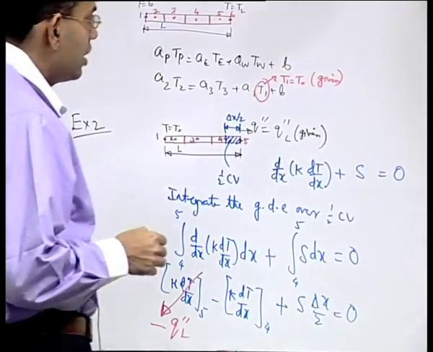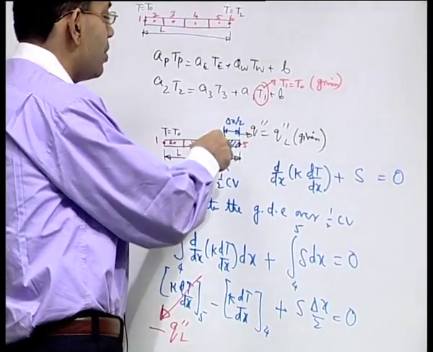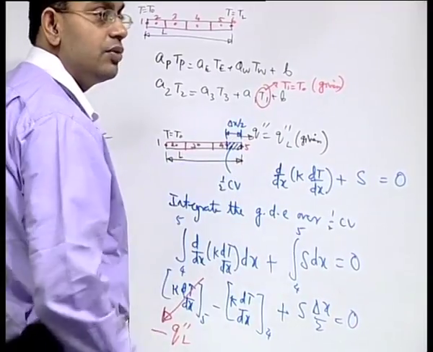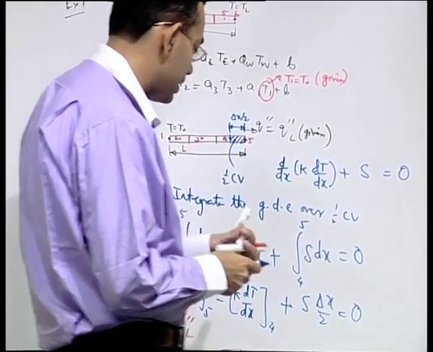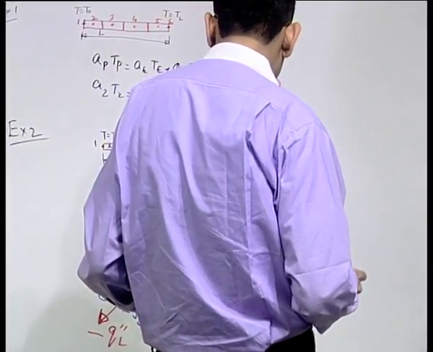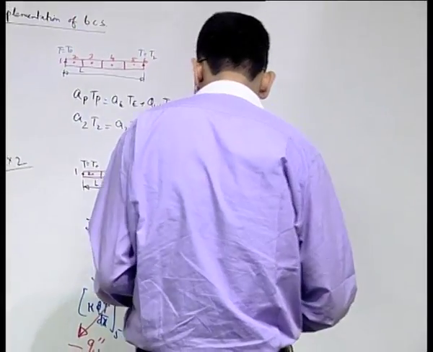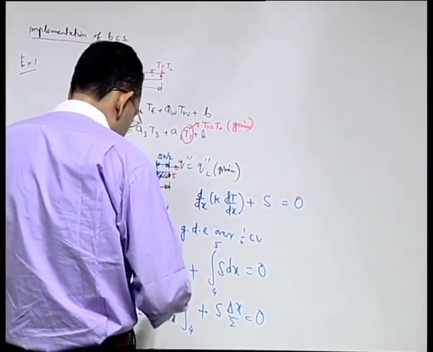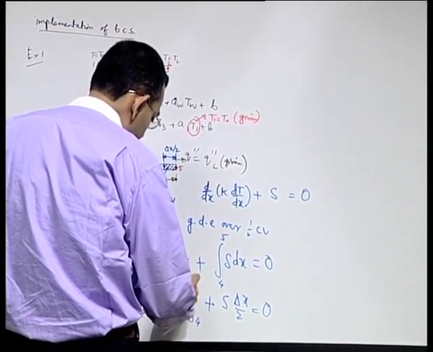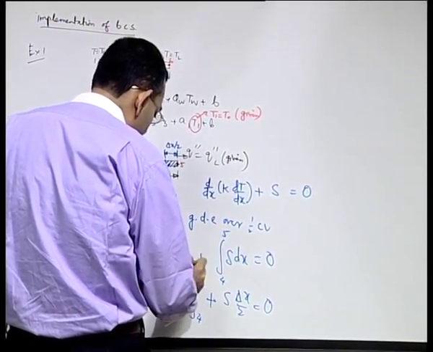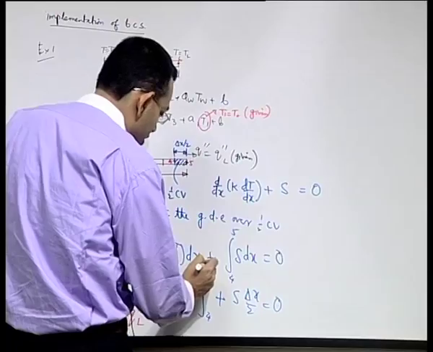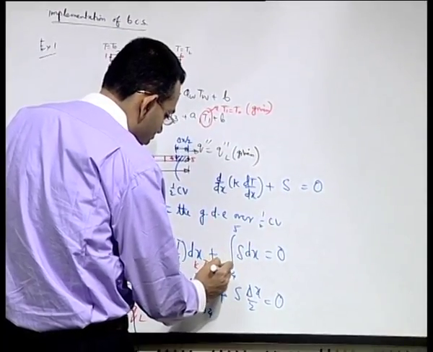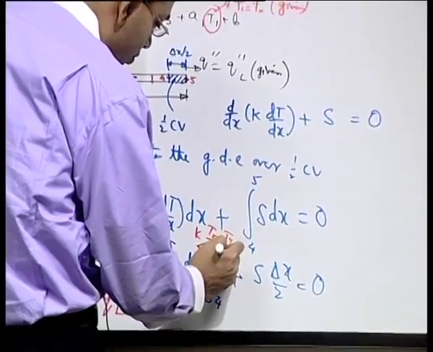So, we can make a profile assumption as piecewise linear temperature profile between the grid points, that we have earlier seen that it is a legitimate profile assumption. So, then in place of dT dx it will be k into T5 minus T4 by delta x by 2.